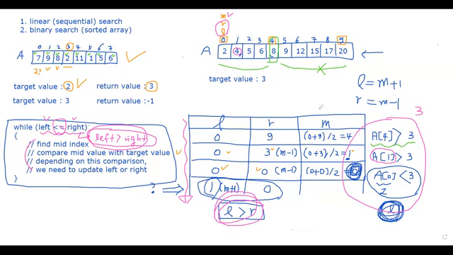Okay, and I told you that binary search is much faster than linear search. Okay, guys, think about this one. I have 1,000 data. I have array A. Let's say the array is sorted, so every number is in the correct position.